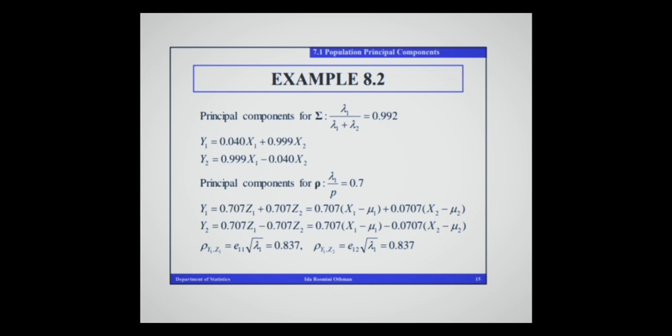So let's say, if we want to see how many percent the first principal component contributes, we use lambda 1. If you want to check the second principal component, you use lambda 2. Okay, it is to determine the degree of variation in the data contributed by each PC.